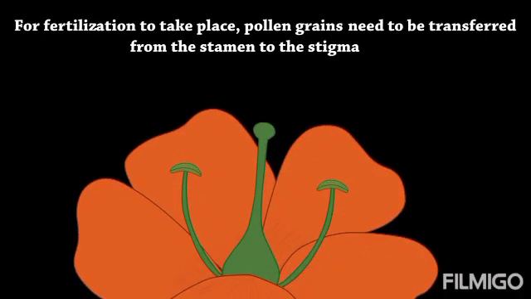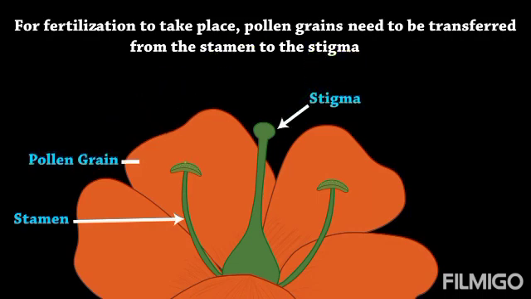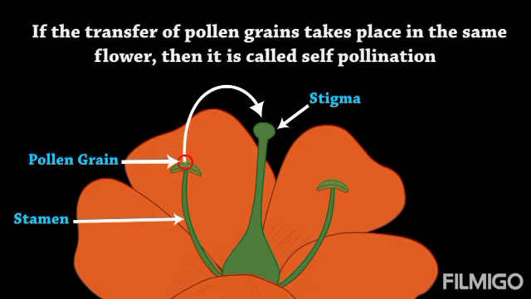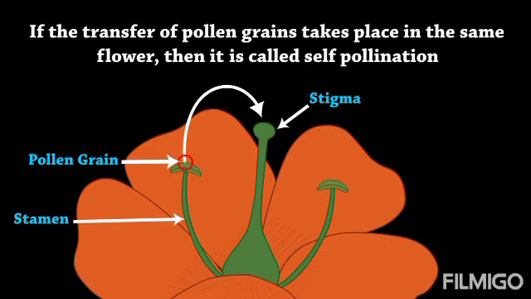For fertilization to take place, pollen grains need to be transferred from the stamen to the stigma. If the transfer of pollen grains takes place in the same flower, then it is called self-pollination.